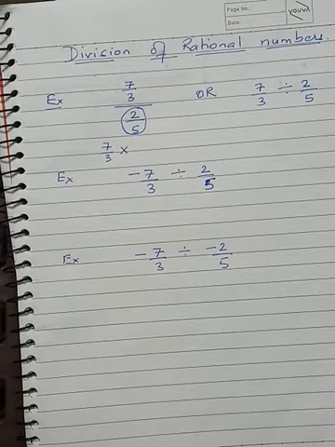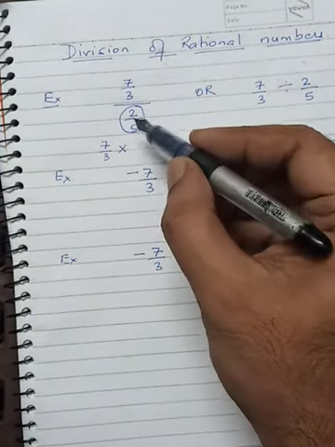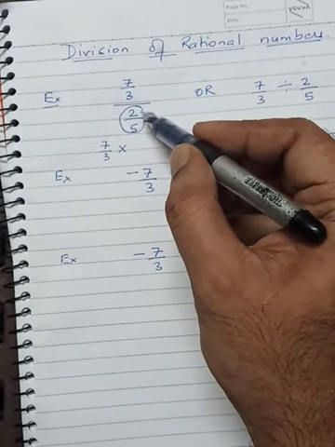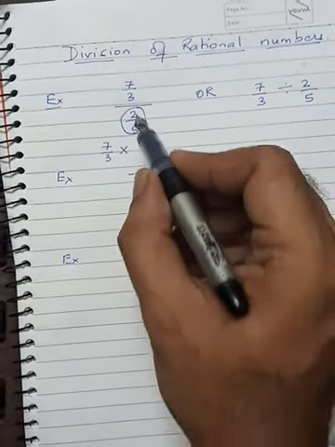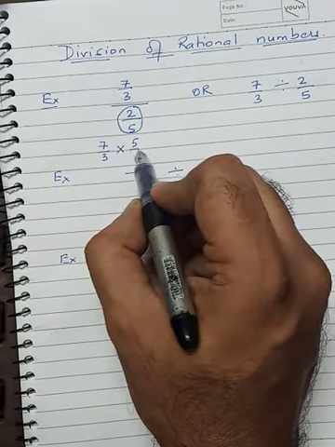What is the reciprocal? It is nothing but I reverse the order. The numerator will become the denominator and the denominator will become the numerator. So if I say it's 2 upon 5, the reciprocal will be 5 upon 2.